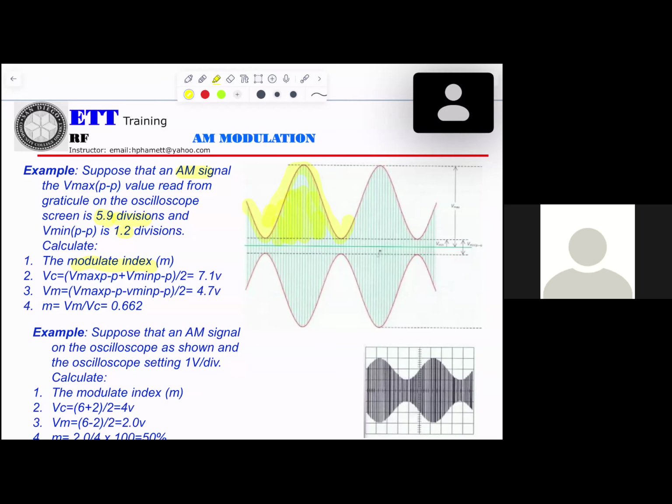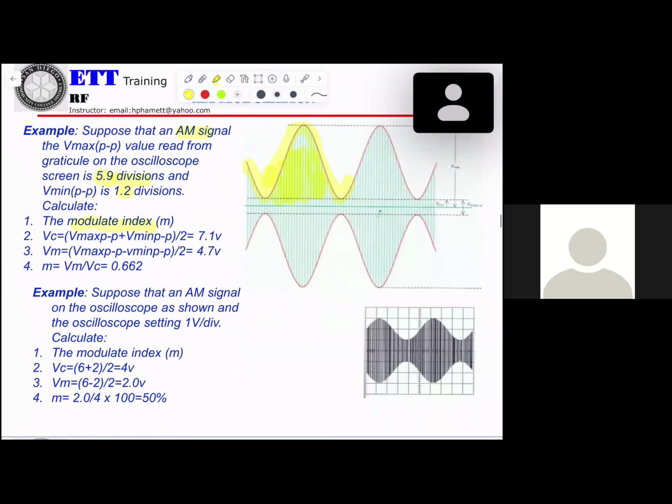And also, another example here. Suppose an AM signal on the oscilloscope at the oscilloscope setting of 1 volt per division. So now they calculate m, Vc, Vm.